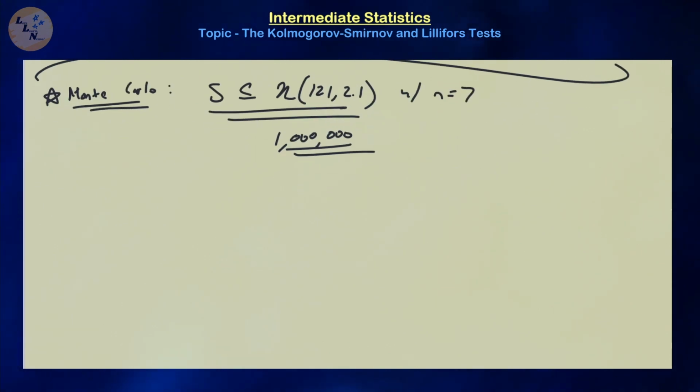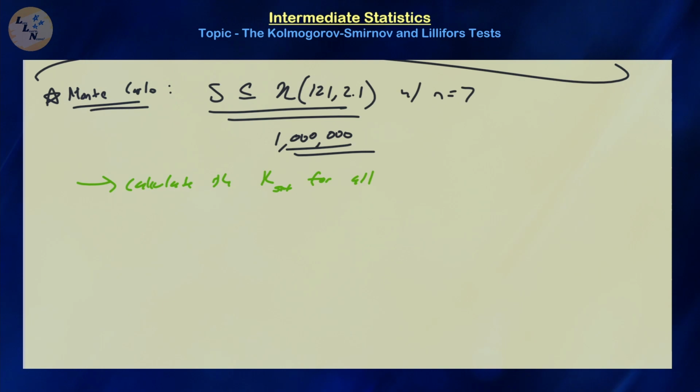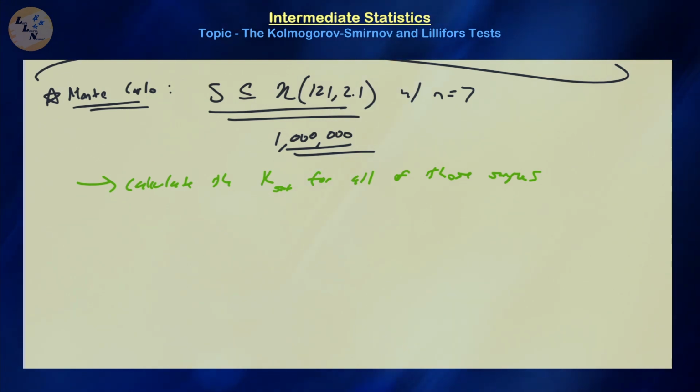Okay, so how does this Monte Carlo simulation go? We're going to calculate the Kolmogorov test statistic for all of those samples. You may want to do this, for example, in R or MATLAB or some other platform.